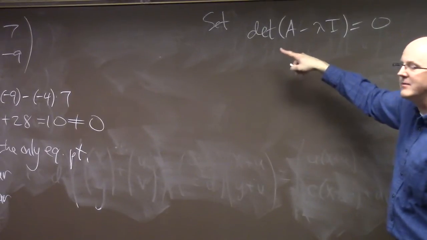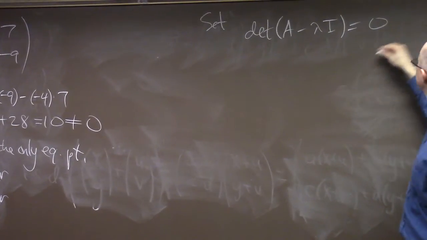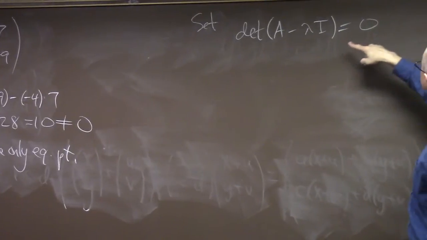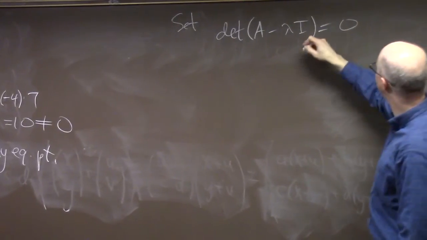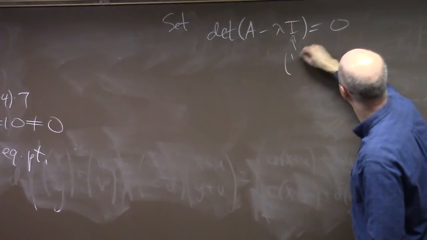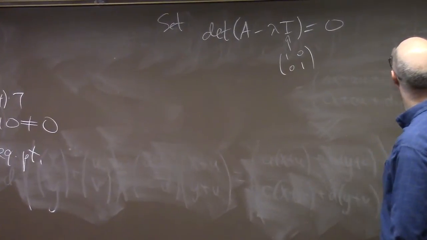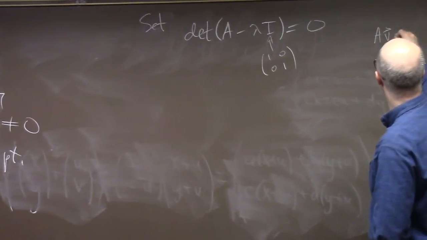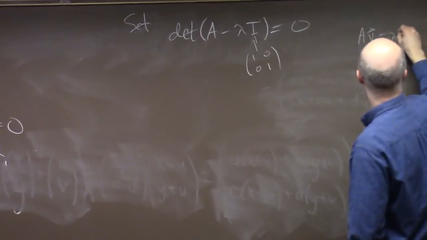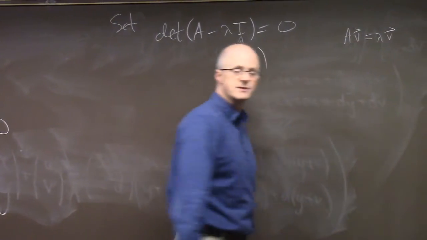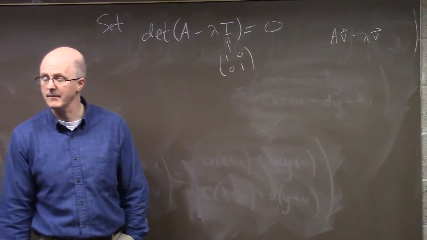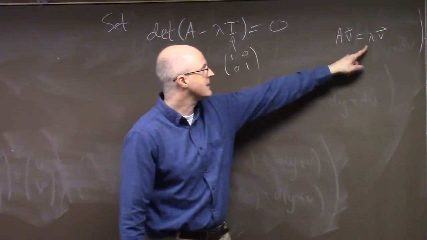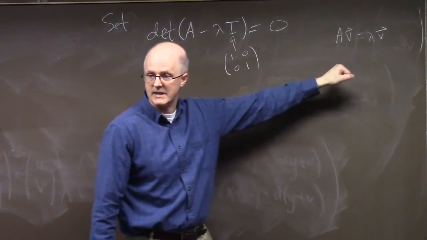And actually, the motivation for this, why we set the determinant of that matrix equal to 0, where I is the 2x2 identity matrix, was because we were looking for non-zero solutions to this equation. Non-zero solutions for V. Are there scalar values of lambda that give you non-zero solutions for V?